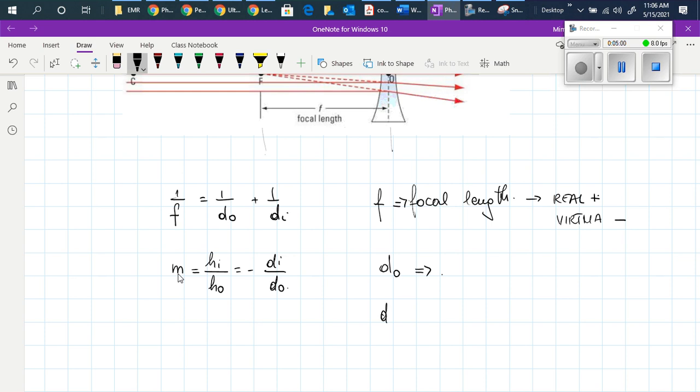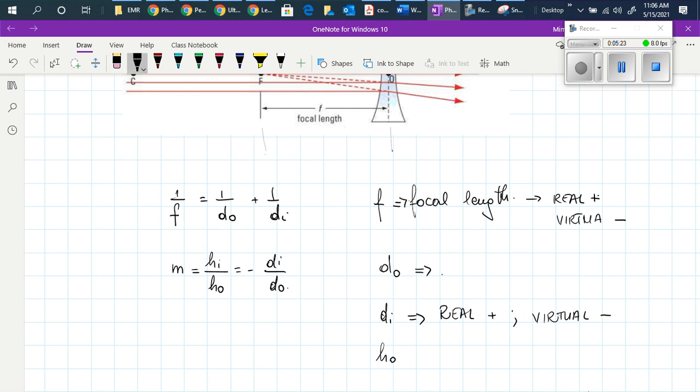Distance of the image: if the image is real, then it is positive, and if the image is virtual, it is negative. Height of the object, ho, is always positive.